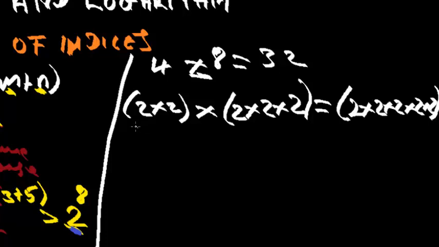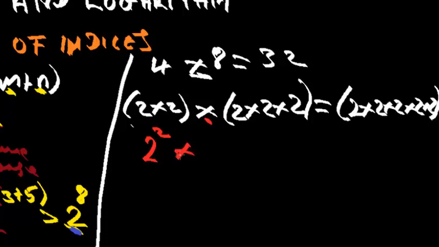So now we want to put this one in the form of indices. So that is 2 multiplied by itself, and we can say that this is 2 exponent 2 because we have 2 multiplying itself, so 2 and 2, that is 2 exponent 2. Then this side we have 2 multiplying itself 3 times, so we can bring our multiplication, which is here.